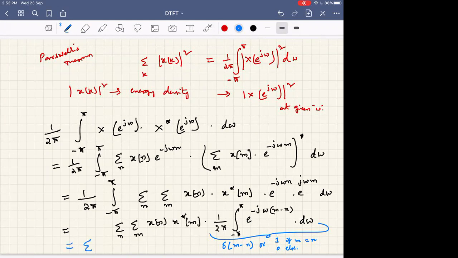Summation over m and n, x of n into x star of m and delta m minus n. So what will happen then? What is now the final result here?